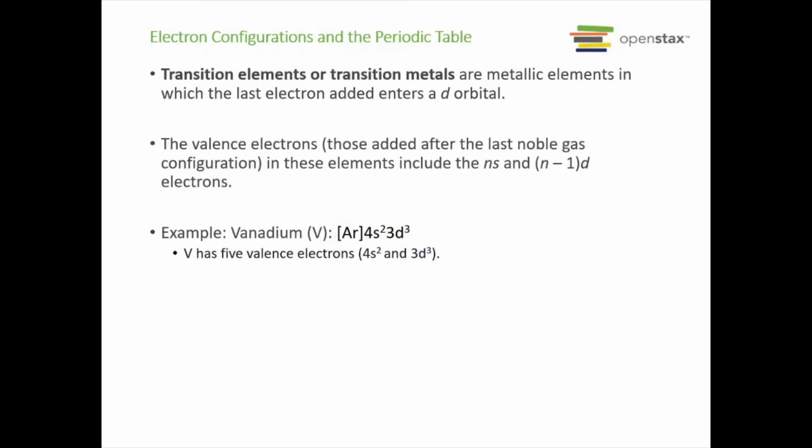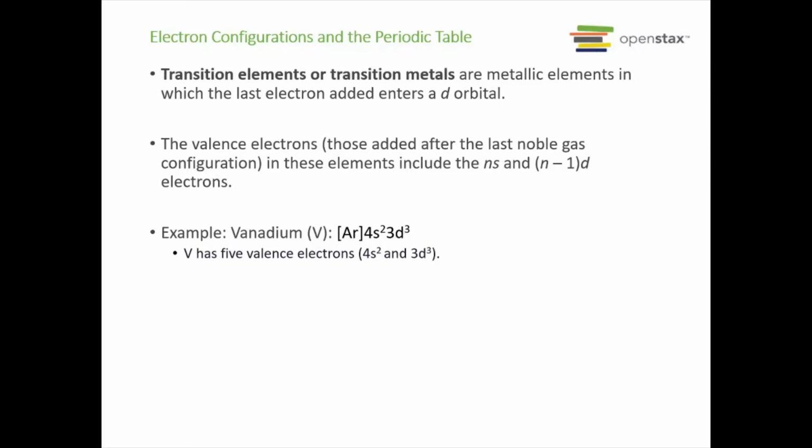Now, our transition metals are metallic elements where the last electron enters a d orbital. So it goes to the s orbital, on the energy level higher, and then comes down to the lower energy level for d, though it's higher in energy value, lower in orbital number.